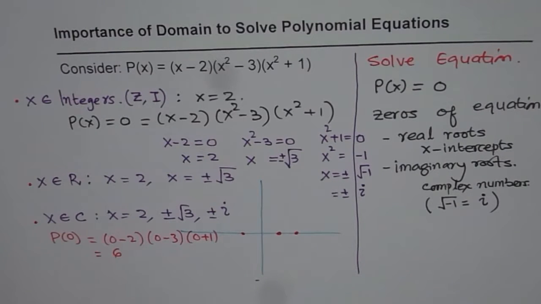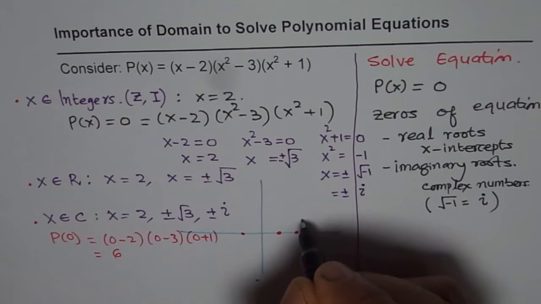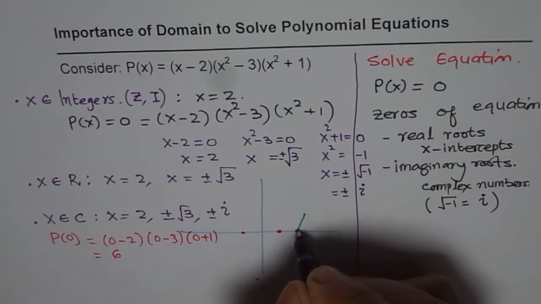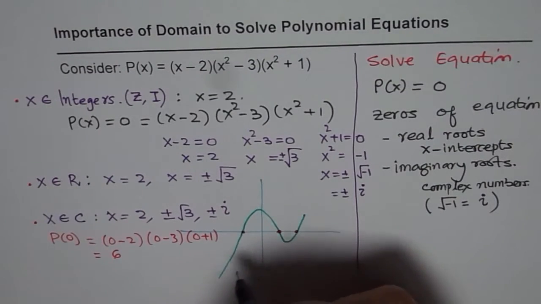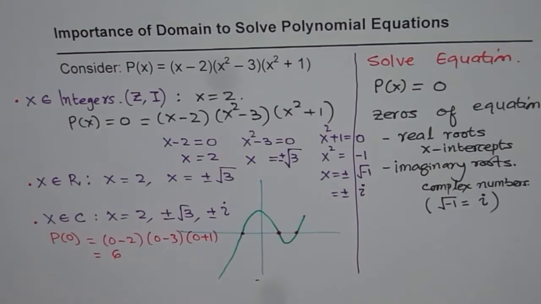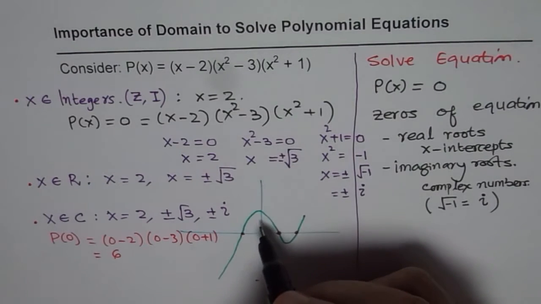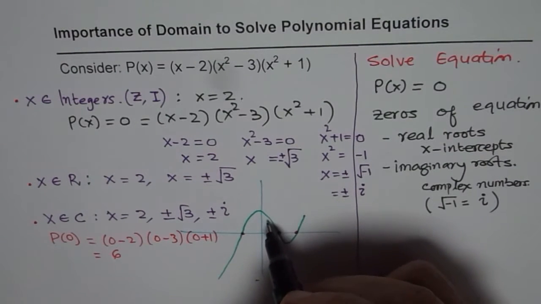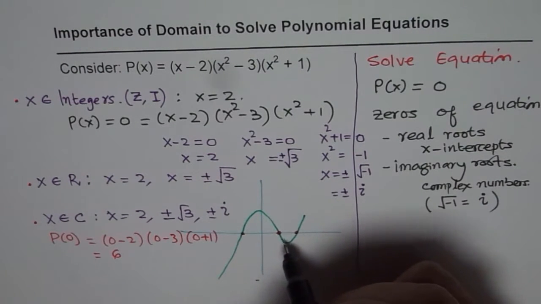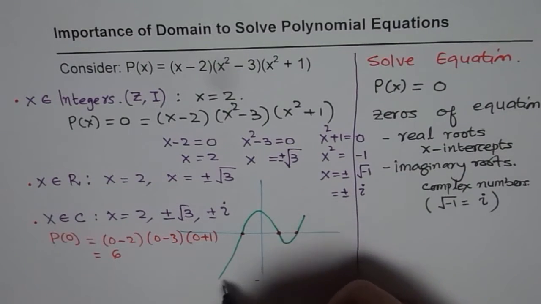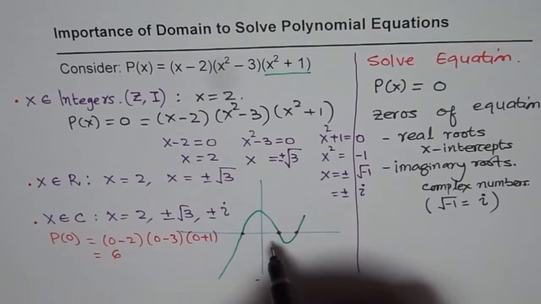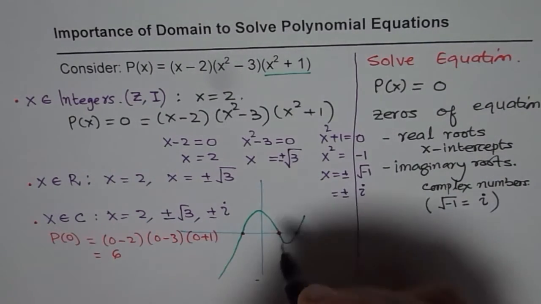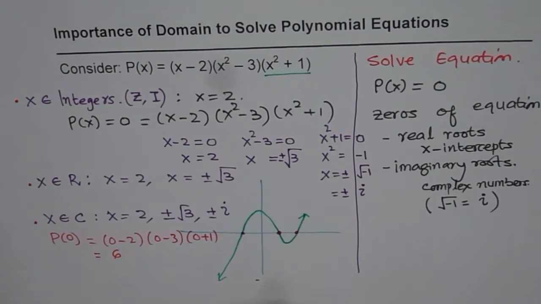So that means we have a graph which is kind of, let me sketch in a different ink here. Okay, let me take green color. So we have a graph which is kind of, let me just draw one here. I know this is not going to be exactly like this. It will have some complex root somewhere else, plus minus i, so it will have a kink somewhere else, which I should have shown. Anyway, it is not exactly like this because of the complex root, which I'm not able to show at present. In any case, we have a graph which is kind of like this.